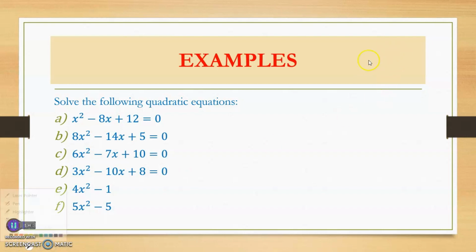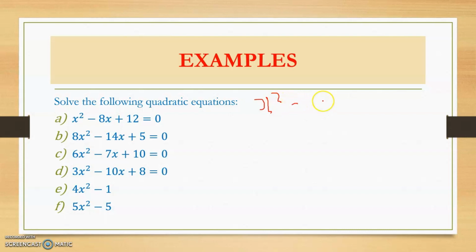So what you need to do is you first of all write the equation to show that you know what you do.